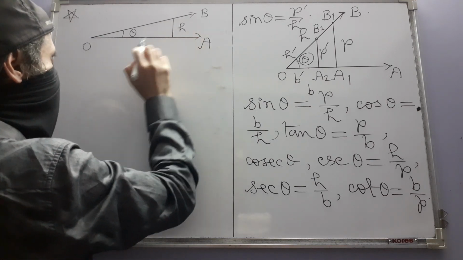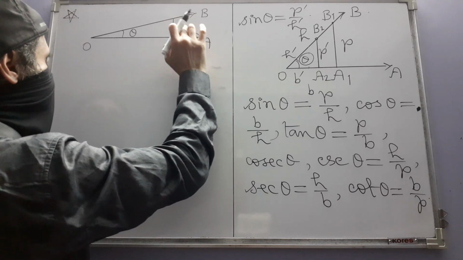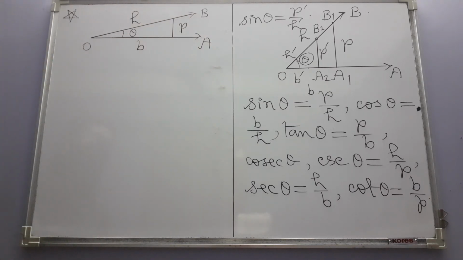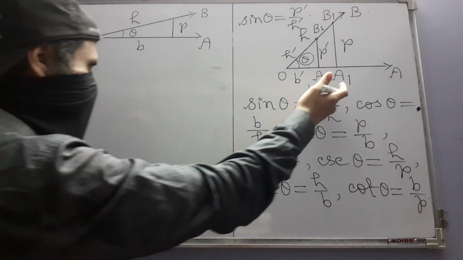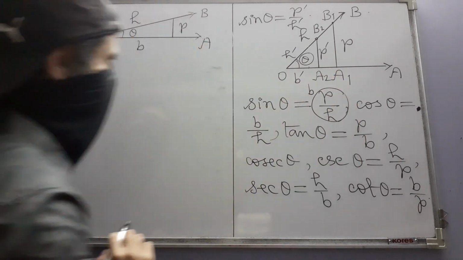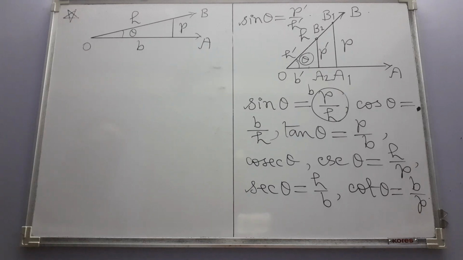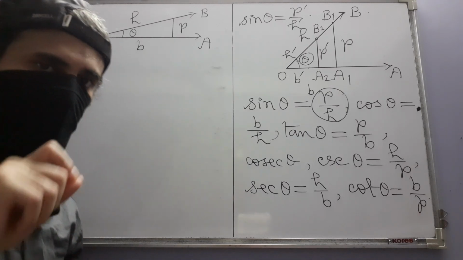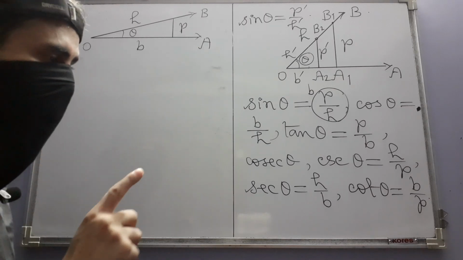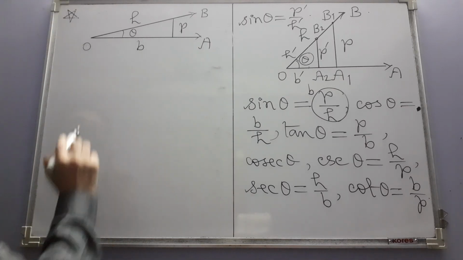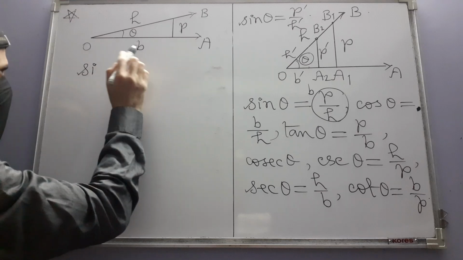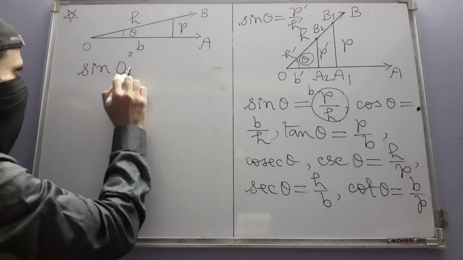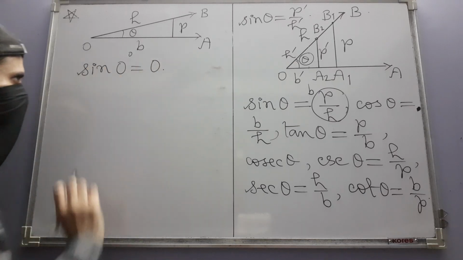Again, this is your H, this is P, and this is your H. So sine theta is still P divided by H. Now, as the angle gets smaller and smaller, P becomes smaller and smaller. So, because of this observation, it's reasonable to define sine 0 degree to be equal to 0.